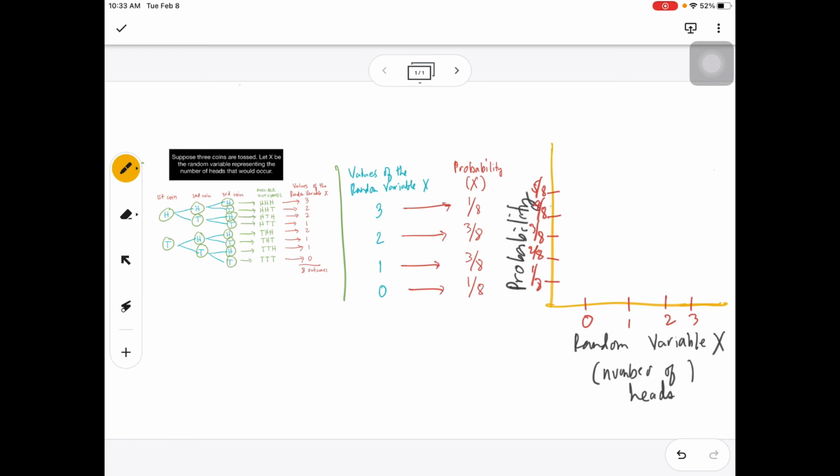So we can already start constructing our histogram here. For 0, the corresponding probability is 1 over 8. We have it here until somewhere here, then you just shade the probability. The next is 1, which is 3 over 8. Then next is 2, which is 3 over 8, same.